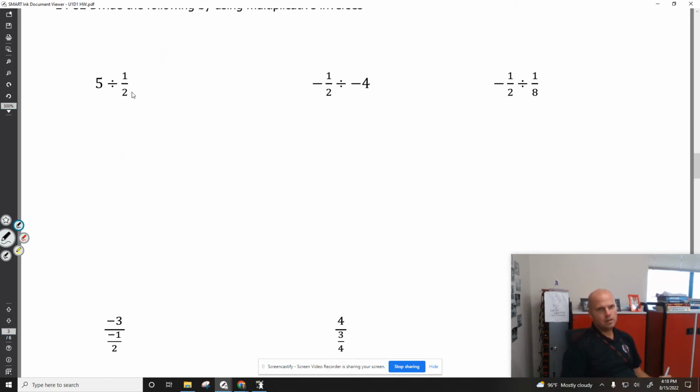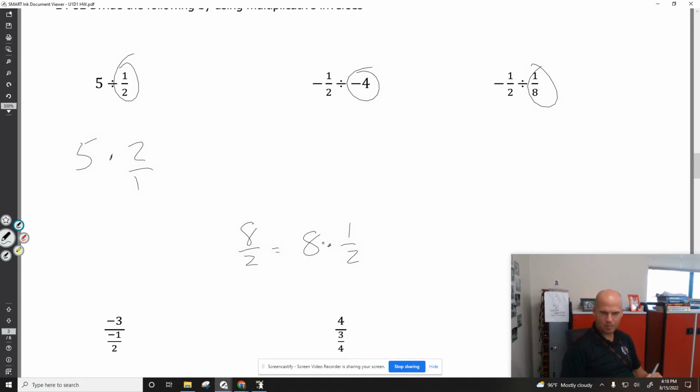Don't divide. Multiply by the flip. Keep, change is what it's told. Keep, change. Okay, dividing 8 divided by 2 is the same as half of 8. Okay, maybe that doesn't help you. This is easy, but double, 2 groups of 5 might be easier than how many halves go into 5.